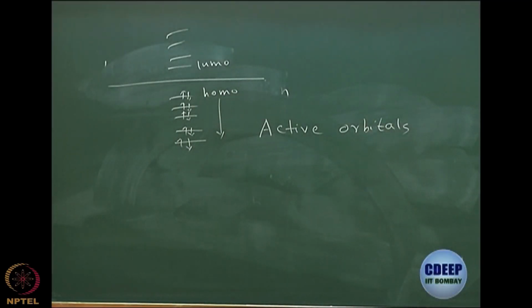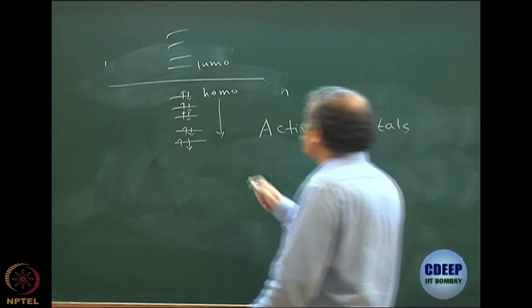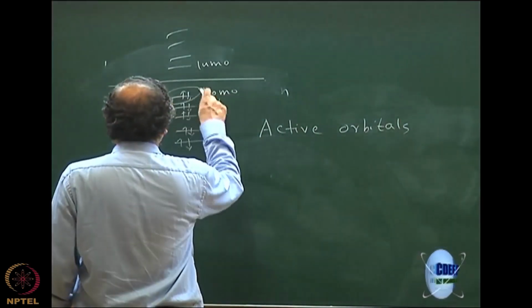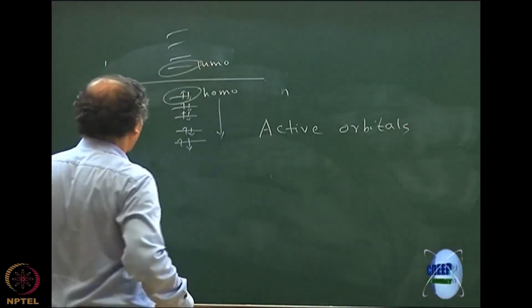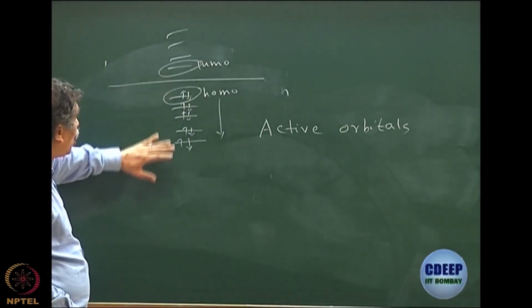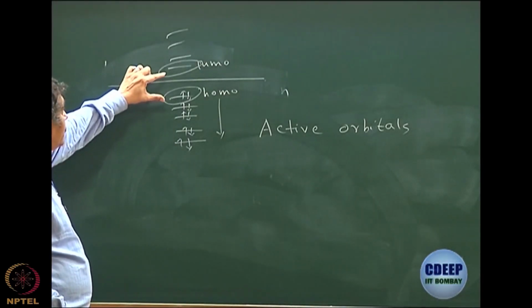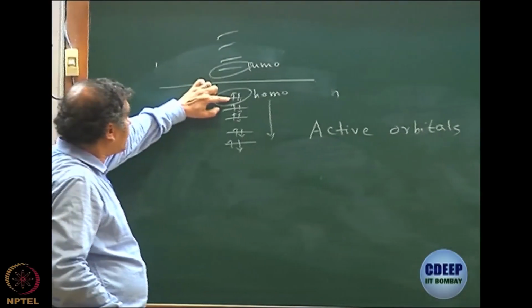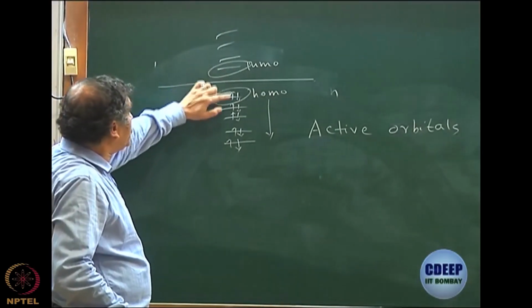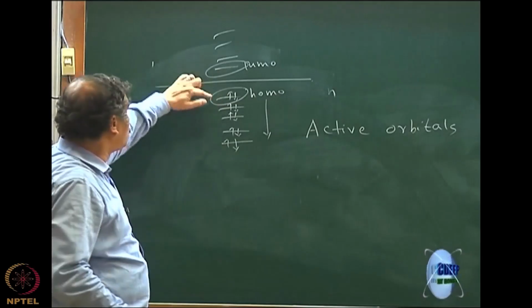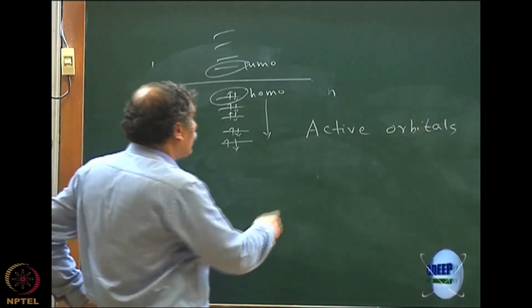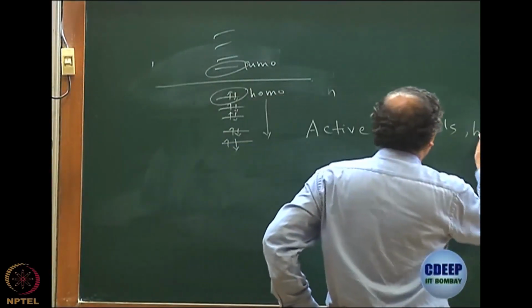In this case, there are 2 active orbitals. So, let us say that I choose similarly one active orbital from here, one active orbital from here, and then I construct all possible determinants where the active electrons are put within these 2 special orbitals. Let us say I choose the active orbitals as HOMO and LUMO.